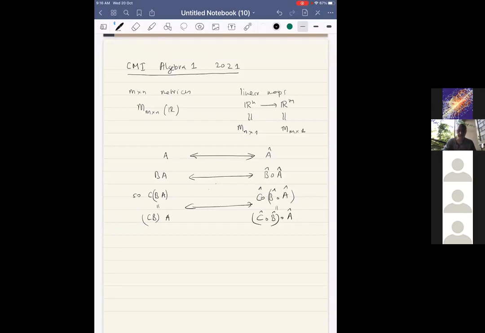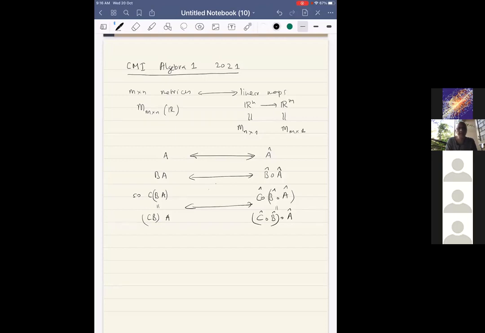So m cross n matrices correspond to linear maps. When I say correspond to, that means it's a bijection between a set on the left and a set on the right. And then we will find that these are not merely sets, they are vector spaces.